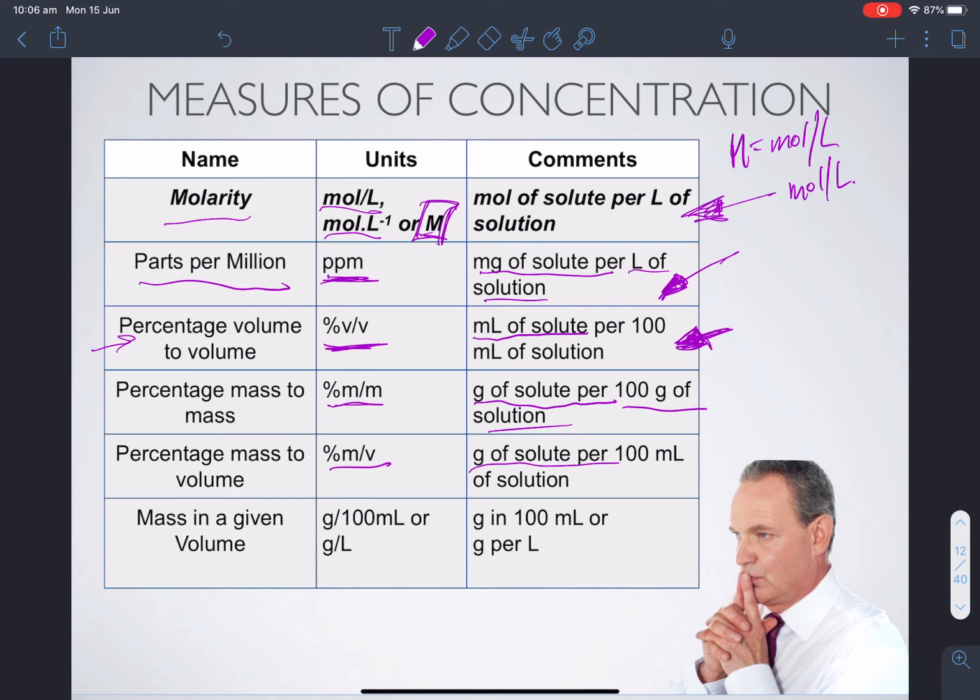Is grams of solute per 100 milliliters of solution. I was just thinking that sometimes I've seen, I could be wrong, that these as percentage grams to grams and this as percentage grams to milliliters, but not often. Okay, and you've also got mass in a given volume, so someone might say there's 0.2 grams of lead per 100 milliliters, or you've got grams per litre as well. They're also quite common out there.